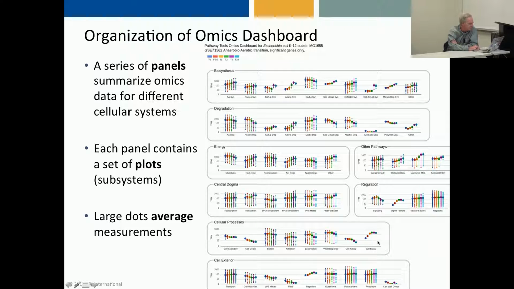These are various cellular processes. And then within each panel, each plot is depicting a sub-area. So this overall panel is all of biosynthesis. This is amino acid biosynthesis. So there are 20 amino acids made by E. coli. There are about 130 genes involved in making those 20 amino acids.